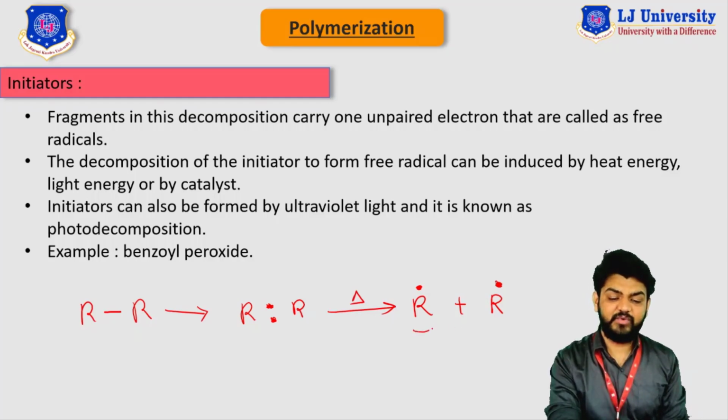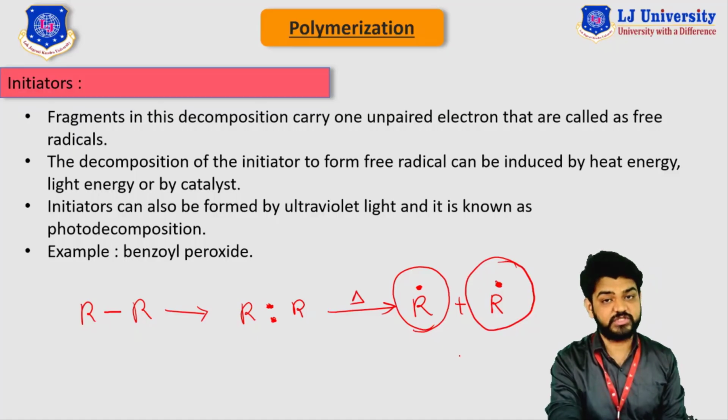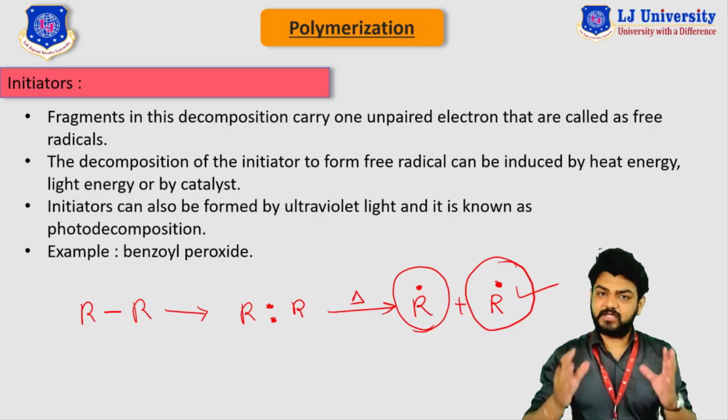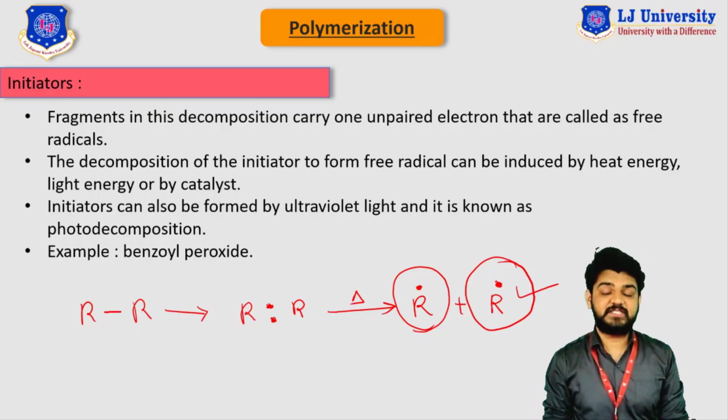So in this way we have formed two different free radicals that can be used for the polymerization process. So this is what we really mean by initiators. Initiators are thermally unstable compounds which form the products called free radicals, and these free radicals are responsible for the polymerization process.